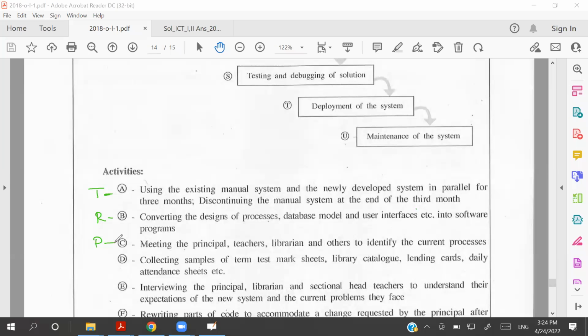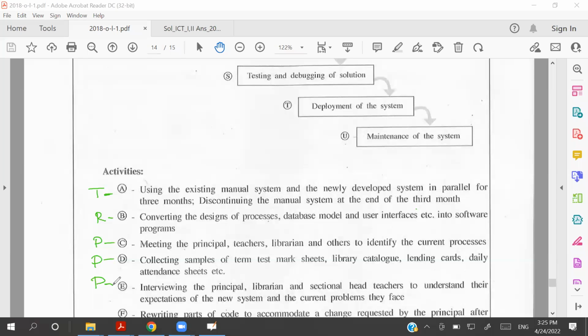So it goes with the same first step, when you're investigating the system. And E says interviewing the principal, librarian, and sectional head teachers to understand their expectations of the new system. Again, it's gathering the data to understand what the scenario is. So again, it is going to be P, as the very first one.